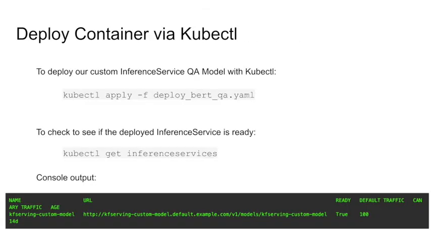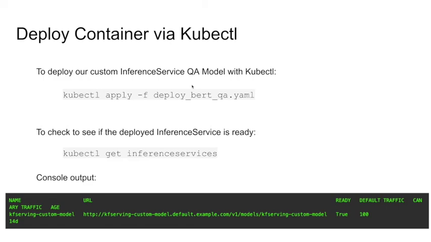To deploy our custom inference service QA model with kubectl, we use the kubectl command shown on the screen. The command sends the YAML file from the previous page to our Kubernetes cluster. After we wait a few seconds, we want to check to see if we actually deployed the inference service correctly.